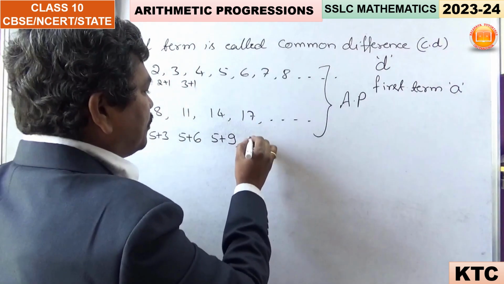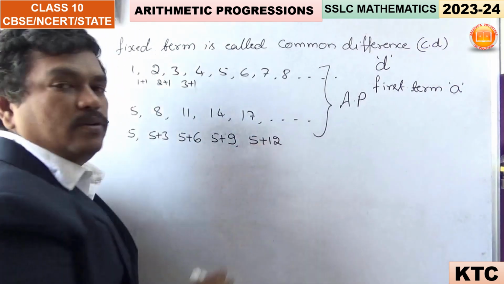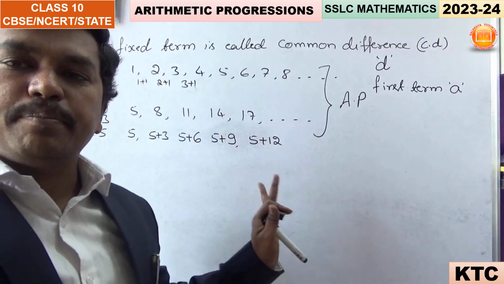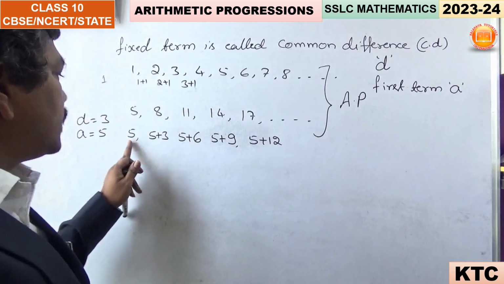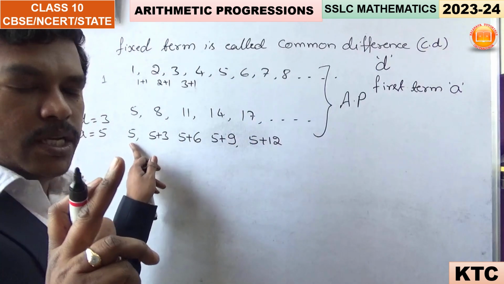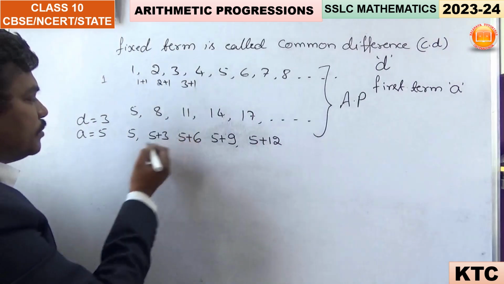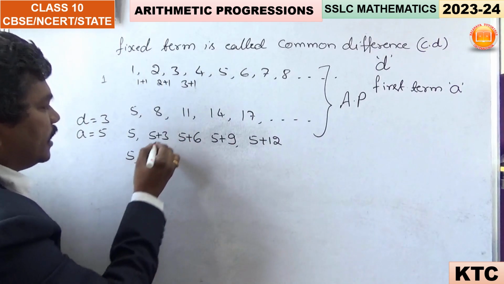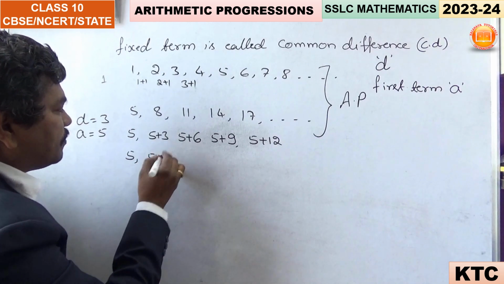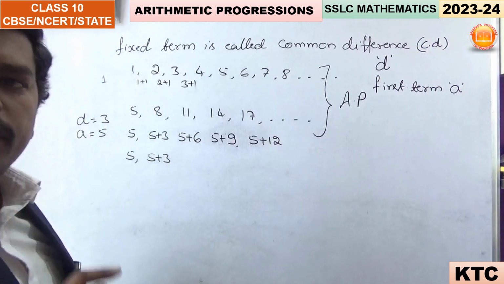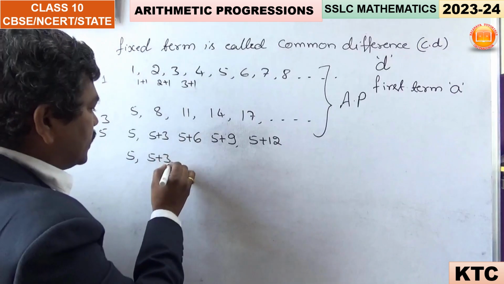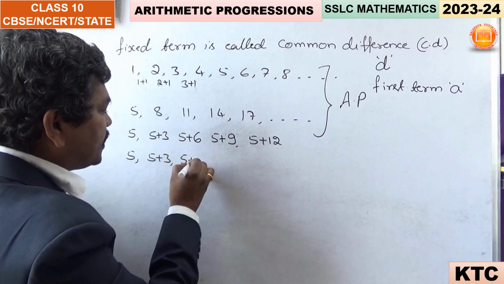And 17 can be written as 5 plus 12. So in this way we write the numbers with reference to the first term. Now I write this 5 as it is. Here we add the fixed term 3 one time only. And then in this term we add the fixed terms.